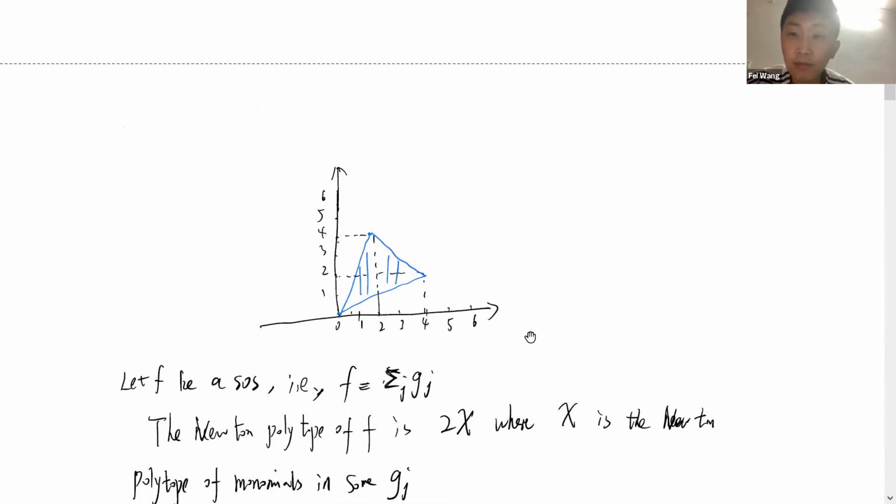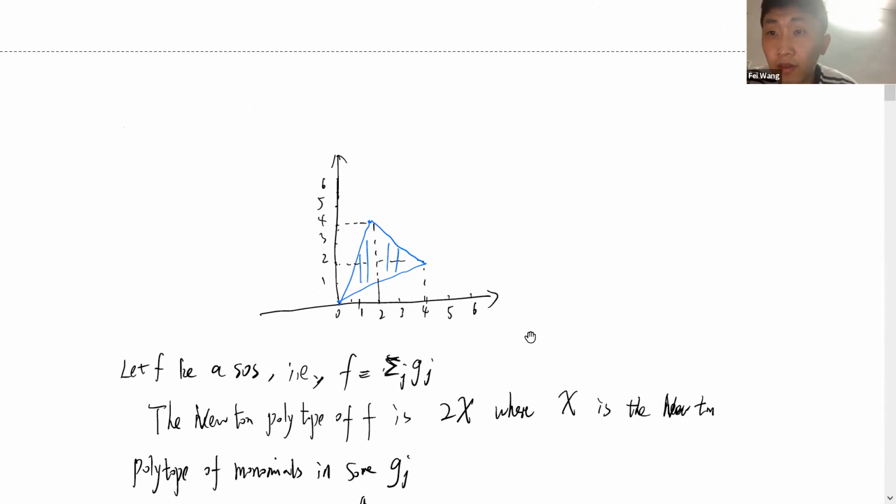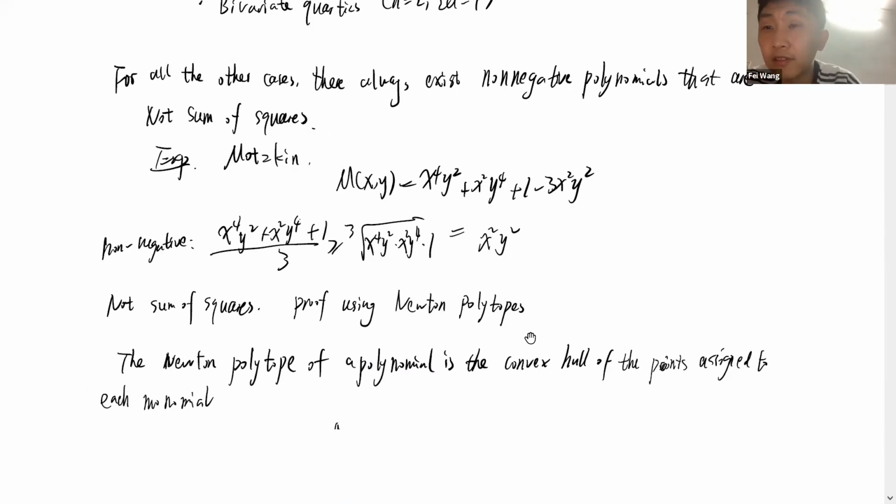Let's see this example. For our Motzkin polynomial, the first term is x^4 y^2 and the second term is x^2 y^4.